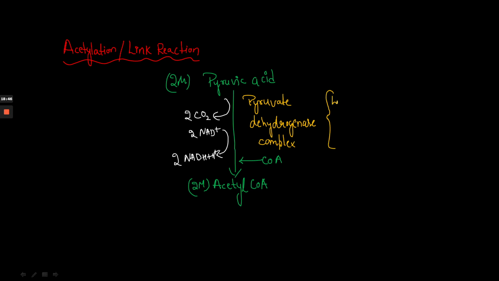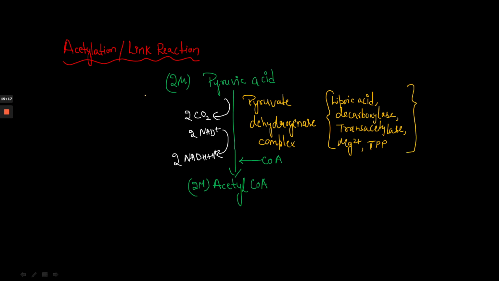It has decarboxylase enzyme, since decarboxylation is happening. It also has trans-acetylase, and magnesium ions plus something known as TPP, that is thiamine pyrophosphate, is involved.